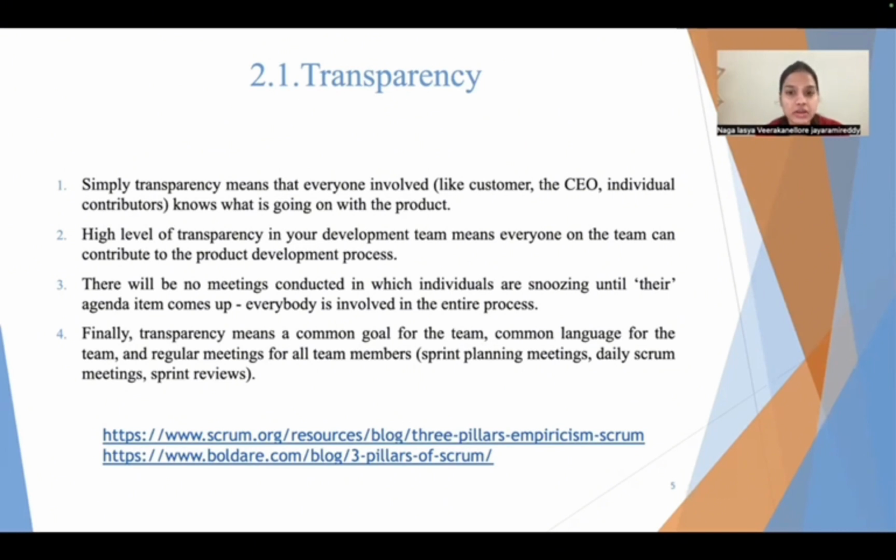The high level of transparency in our development means everyone on the team can contribute to the product development process. There will be no meetings conducted. Everybody must be involved in the entire process. Finally, transparency defines a common goal and a common language for a team, and regular meetings, which include sprint planning meetings, daily scrum meetings, and sprint reviews.